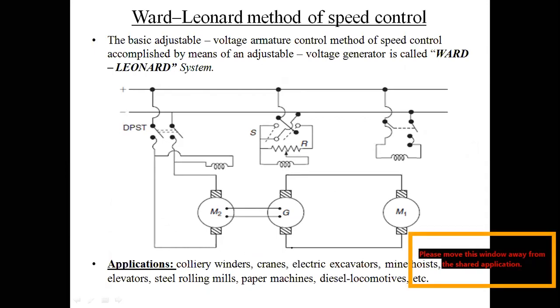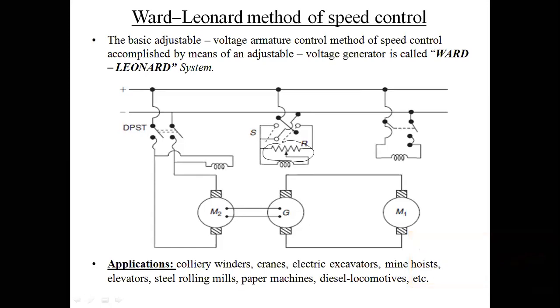Please check it out. Here you can see two motors and one generator, and there is one bus bar, which is the main line, and three switches, and some variable resistor connected to the generator.